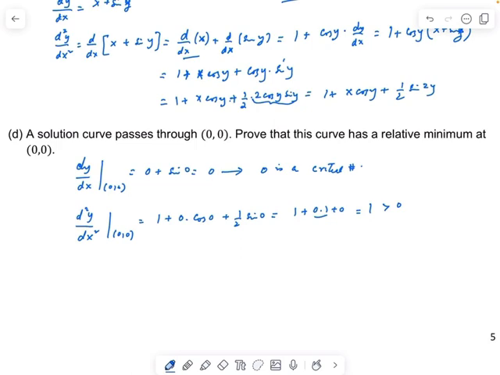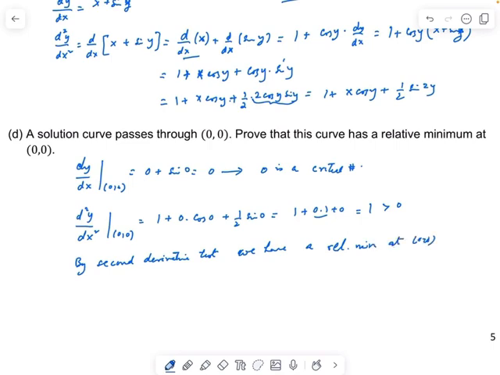So by the second derivative test, we have a relative min at 0, 0.